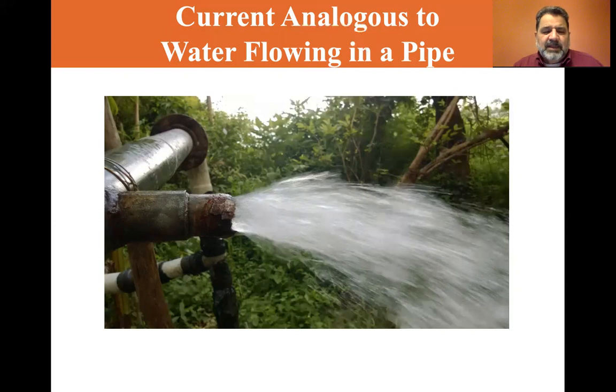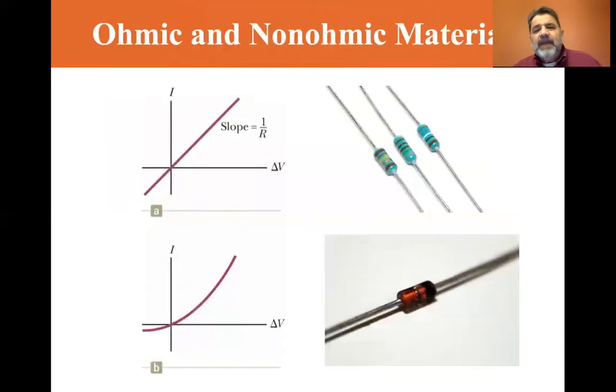So we're not quite there yet. I'm just explaining. Okay, we have ohmic and non-ohmic materials. Here we have three resistors of different values. I'm not going to take the time to figure out what the values are, but just know that it's a linear relationship. It's a straight line.